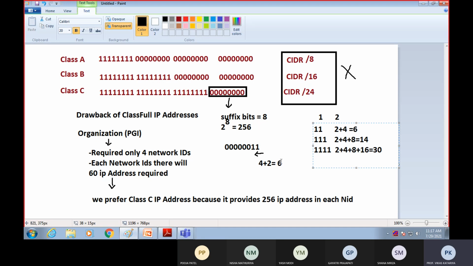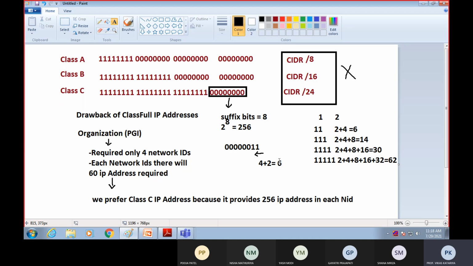If we set the rightmost 5 bits, 1, 2, 3, 4, 5, to 1, it gives us 2 plus 4 plus 8 plus 16 plus 2 raised to the power 5, that is 32. Then 30 plus 32 gives 62, right?